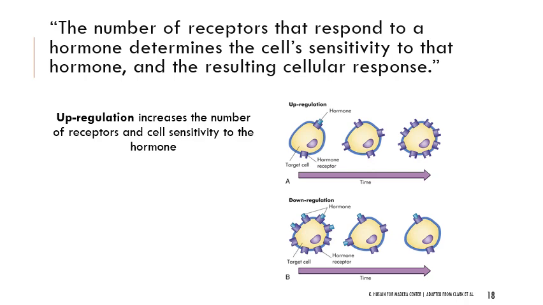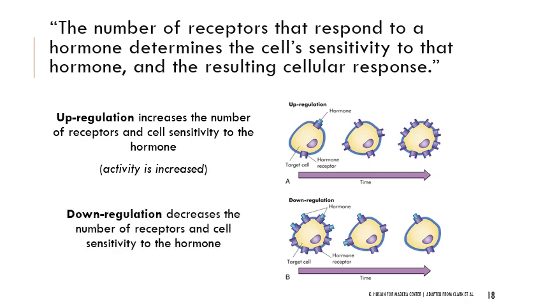So upregulation increases the number of receptors and increases the cell sensitivity to the hormone. That in turn increases the activity that is happening inside the cell as a result of that hormone. Downregulation decreases the number of receptors, and it also decreases the cell sensitivity to the hormone, which in turn decreases activity.